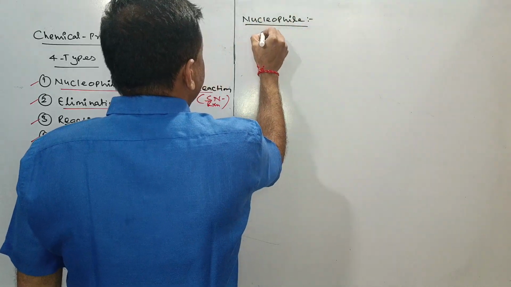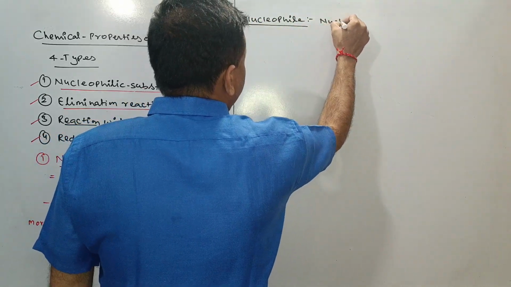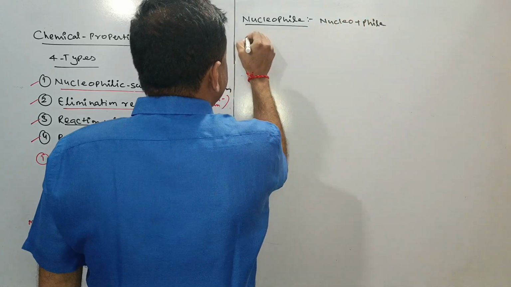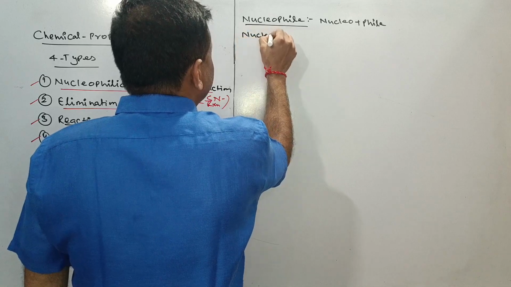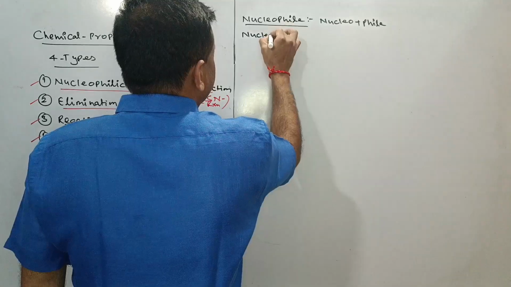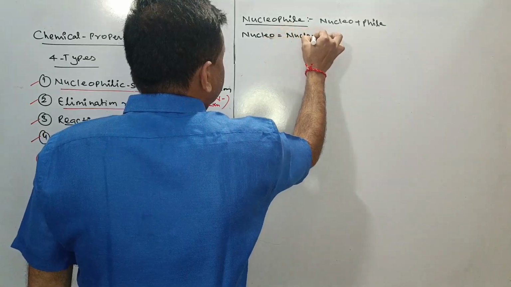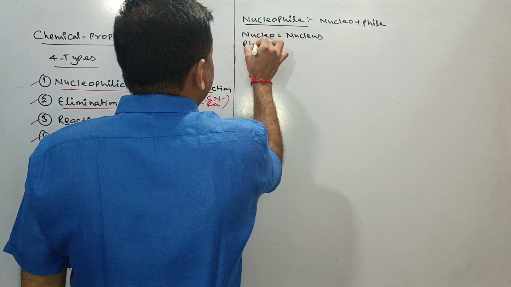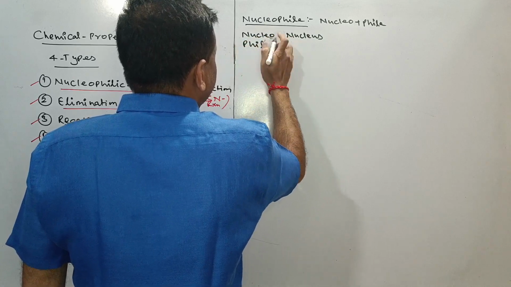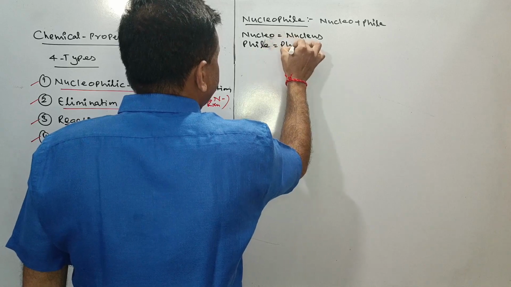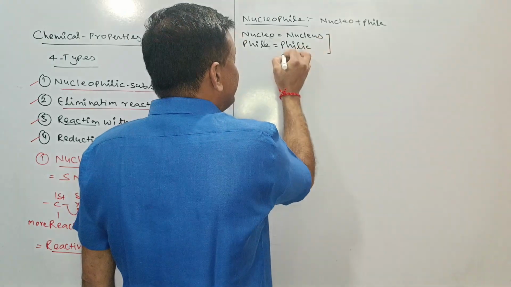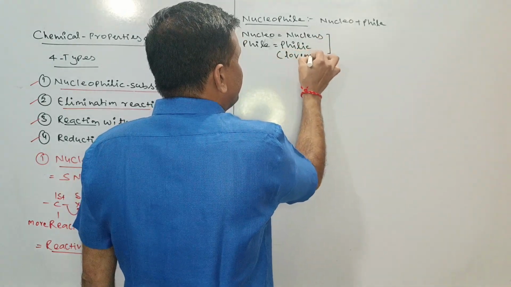It's a composition of two words, nucleo plus phile, where nucleo means nucleus, and phile means philic, which is a Greek word meaning loving.